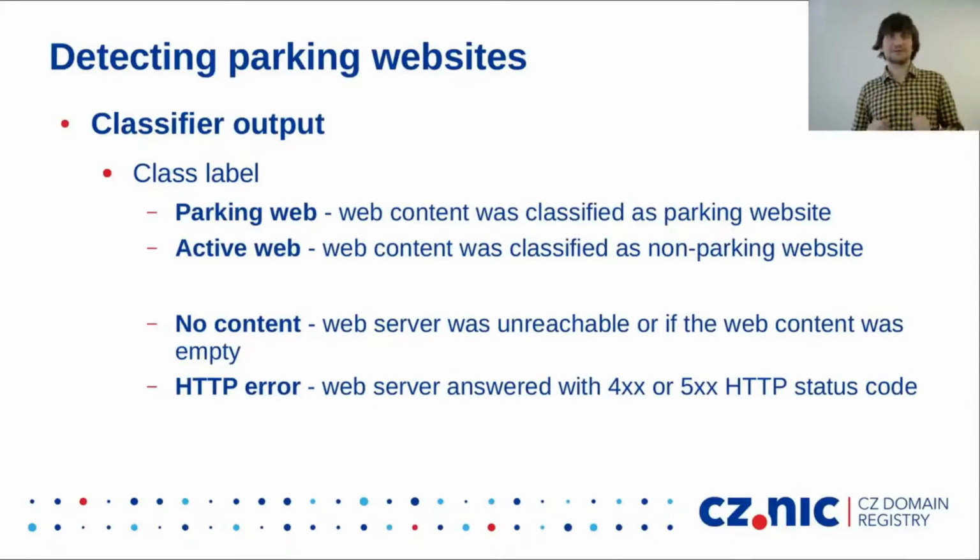But there were also cases when we were not able to get the content because the web server was unreachable, there was an HTTP error, or simply the content was empty. So we introduced 2 additional classes, no content and HTTP error. So at the end, there were 4 classes: parking web, which means a domain hosted a parking website; active web, which means a domain hosted a non-parking website; and no content and HTTP error.